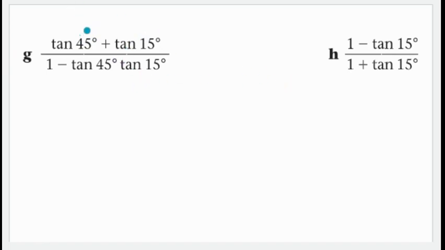So if I write A and B, this is tan A plus tan B, all divided by 1 minus tan A tan B, which is the expansion of tan of A plus B, where A was 45 and B was 15. So this is tan of 45 plus 15, which is tan of 60, which is equal to the square root of 3.